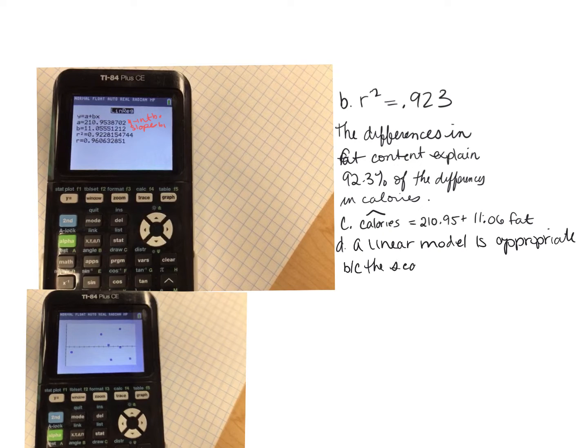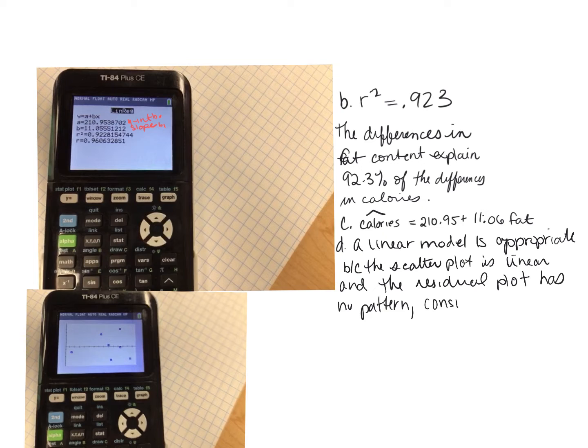The scatter plot is linear. And the residual plot has no pattern. Consistent spread, and random scatter.